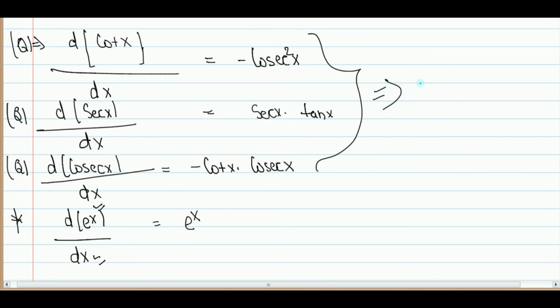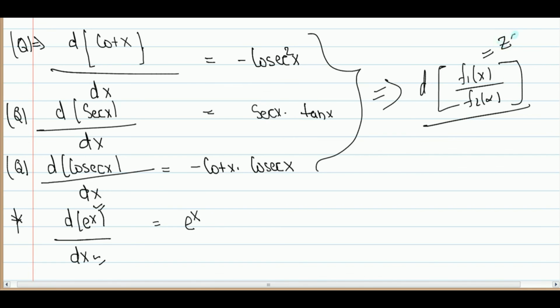This is going to clear your concept about the division of two functions, f1(x) divided by f2(x). Let's say it's z(x), and z(x) is f1(x) divided by f2(x), and you have to find the differentiation of z(x) with respect to x.